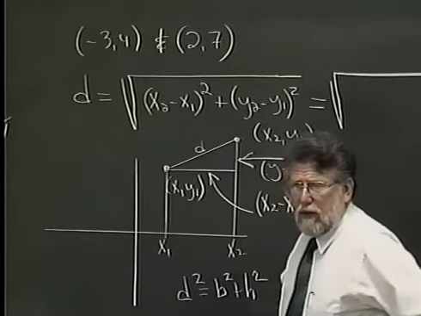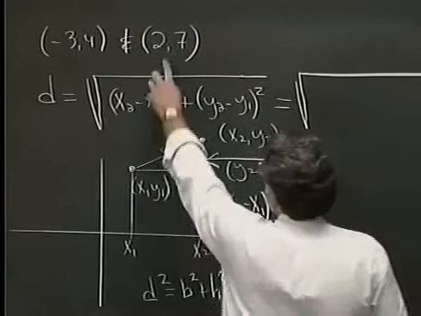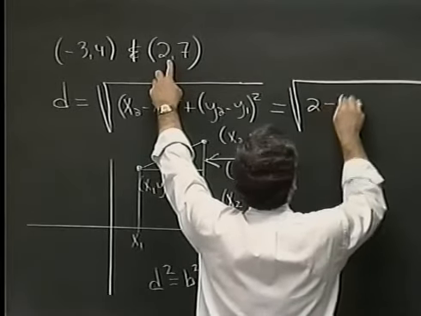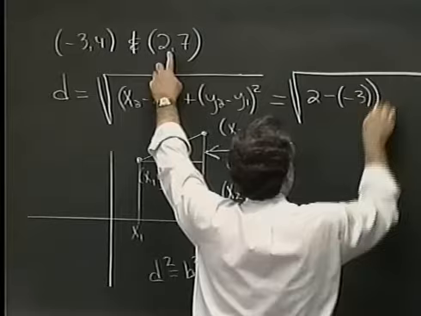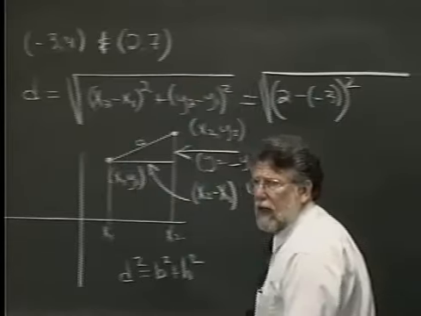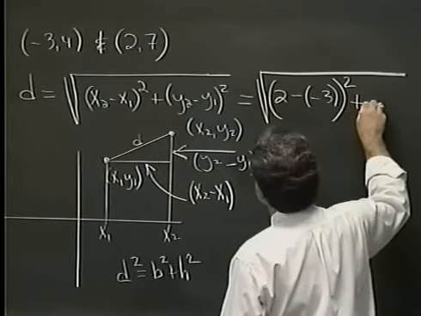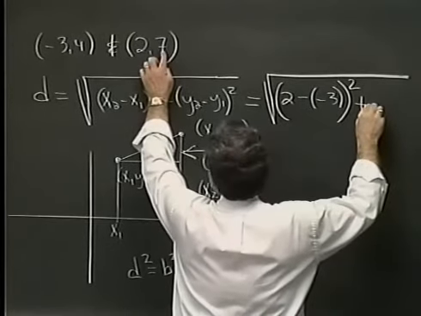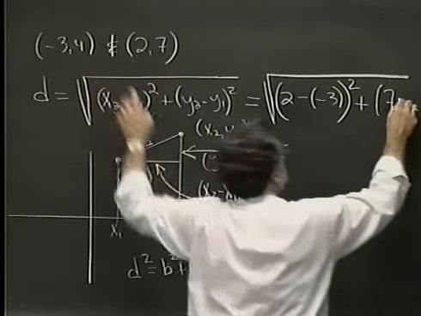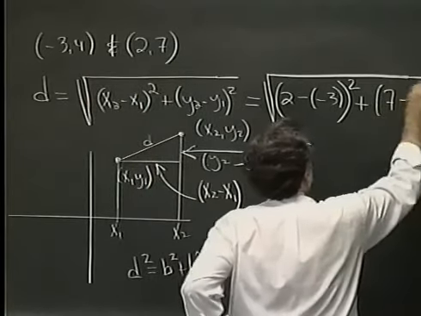I'm going to have x sub 2 minus x sub 1. x sub 2 is 2, minus x sub 1, which is negative 3. Square that. Then plus y sub 2, which is 7, minus y sub 1, which is 4, and square that.